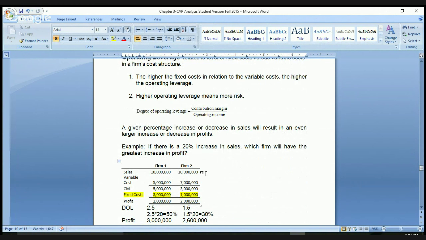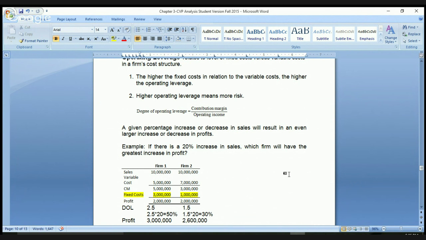So how do I figure this? We have two firms here, both with $10 million in sales. Firm one has $5 million in variable costs, whereas firm two has $7 million. The fixed cost for firm one is $3 million, and the fixed cost for firm two is $1 million.